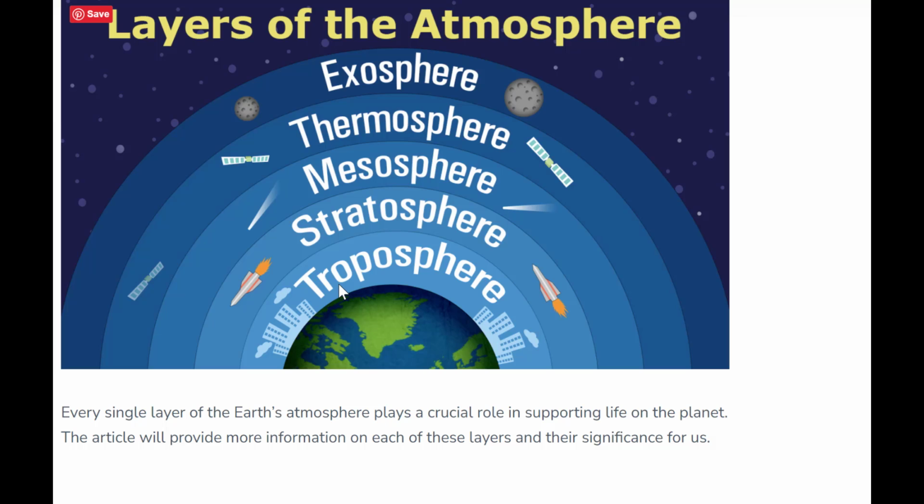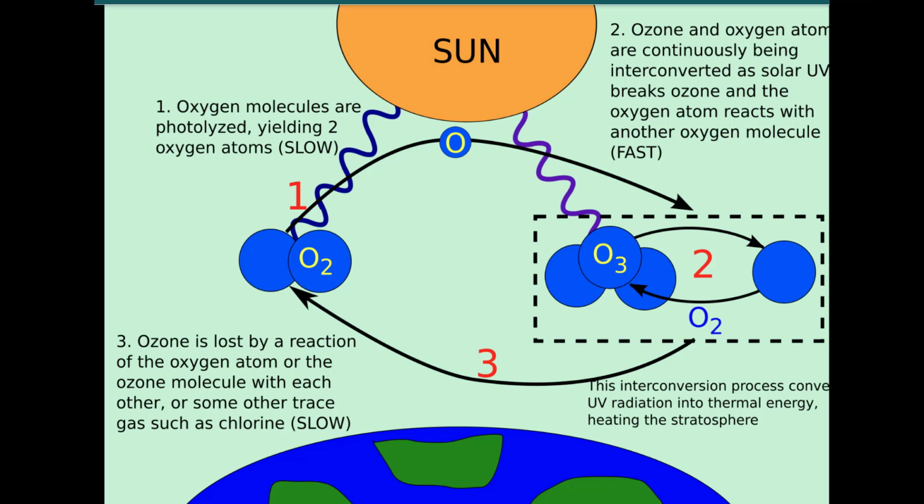These are in the troposphere, which extends to about 10 to 15 kilometers above the Earth's surface. And the ozone layer that protects Earth is located in something called the stratosphere. That's where the ozone layer is present.